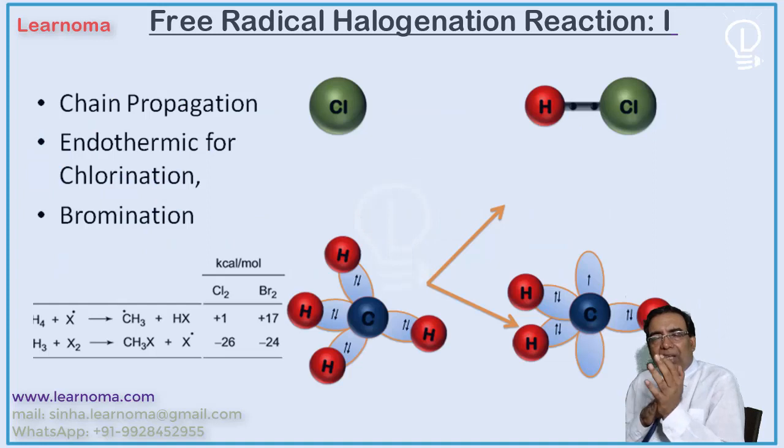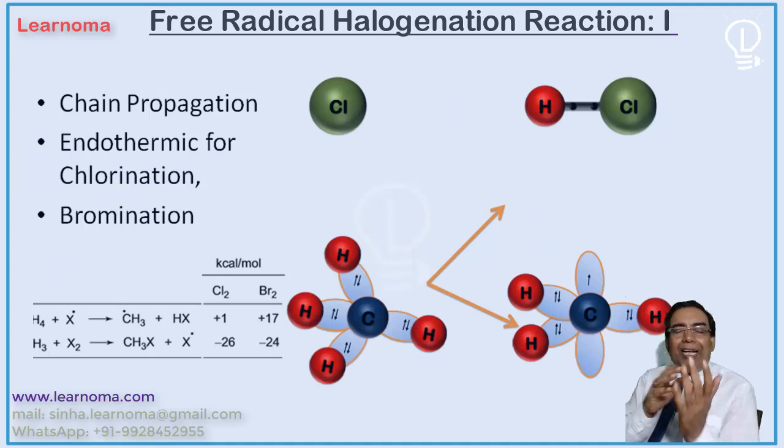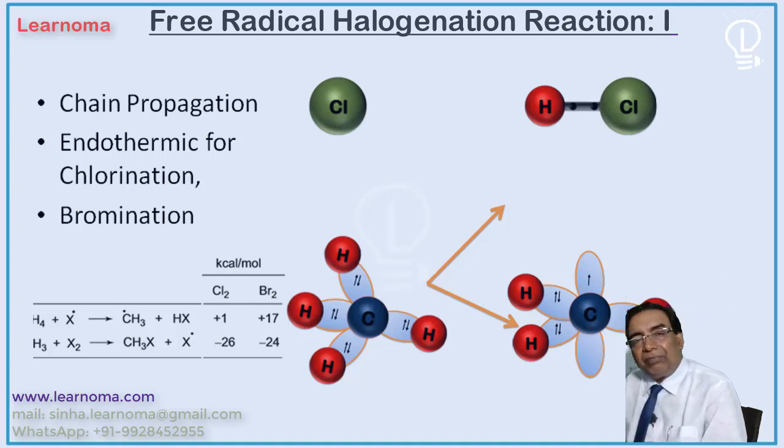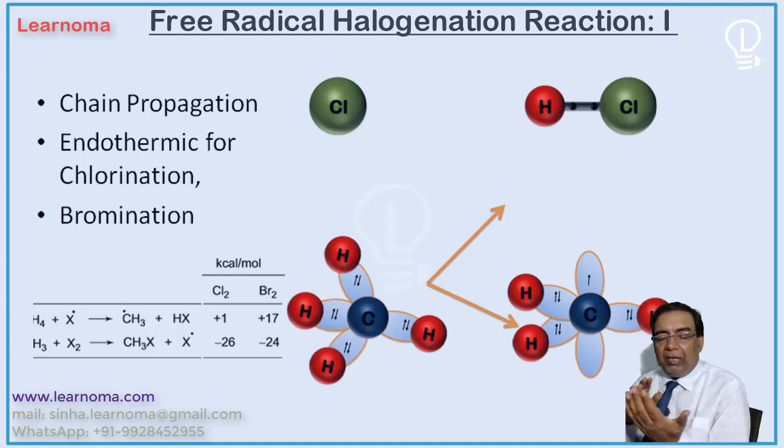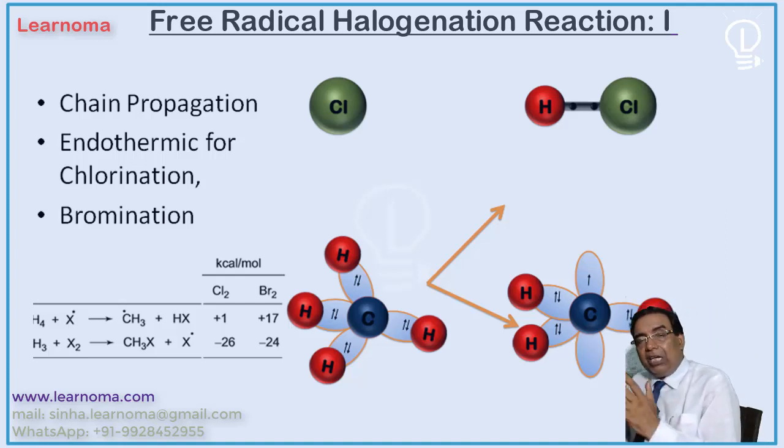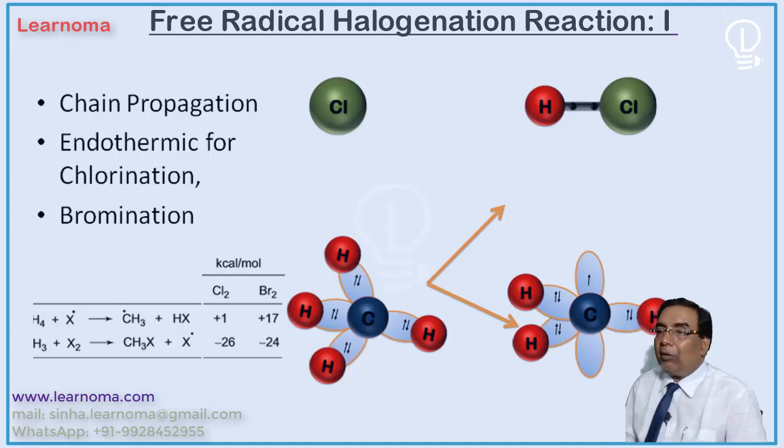And further, chain propagation reaction. What is a chain propagation reaction? A radical producing another radical. If a chlorine radical is reacting with methane, forming HCl as well as a methyl radical, this side is reactant and this side is product.